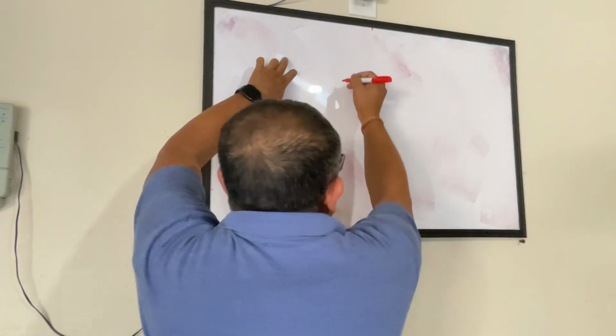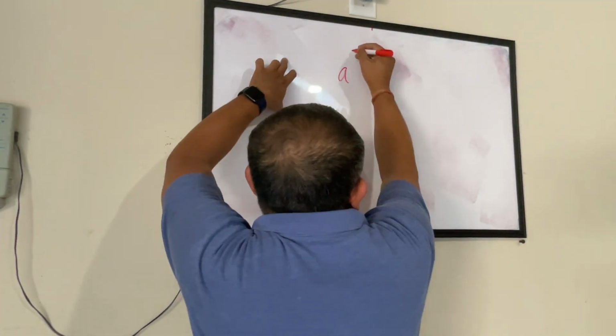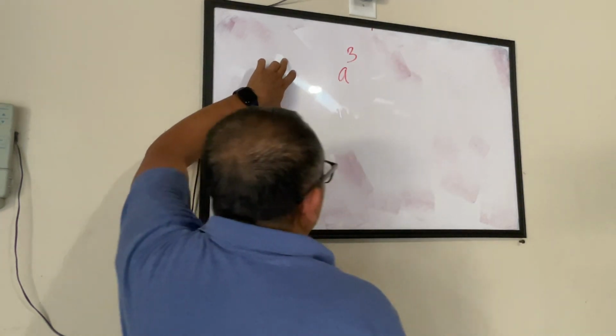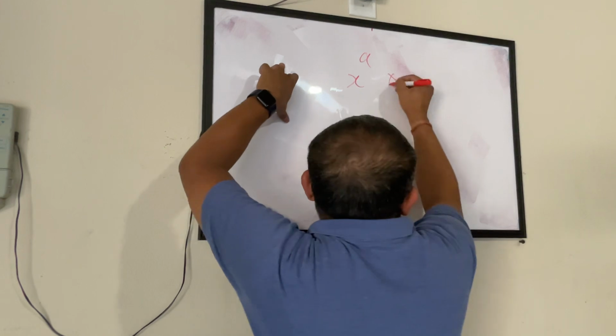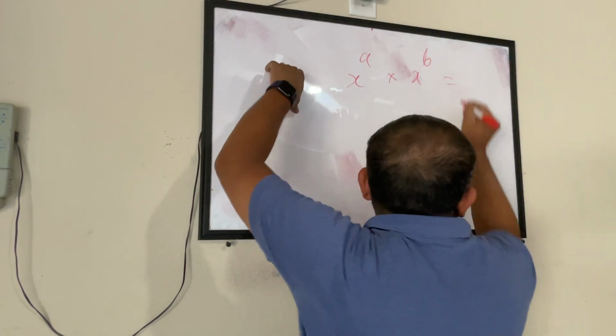So now, based on whatever we have seen, if I am multiplying something to the power something, let's say x to the power a, and then I multiply that by x to the power b, what will the value be?